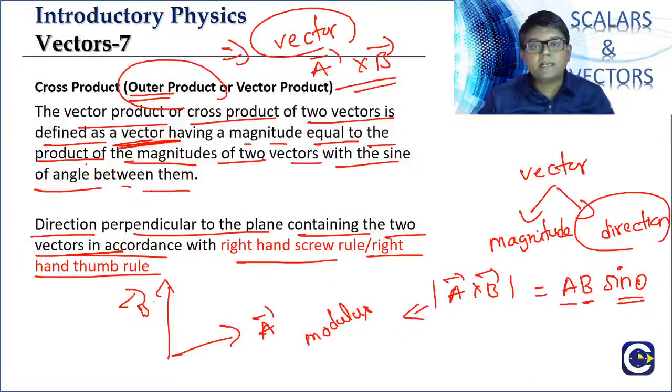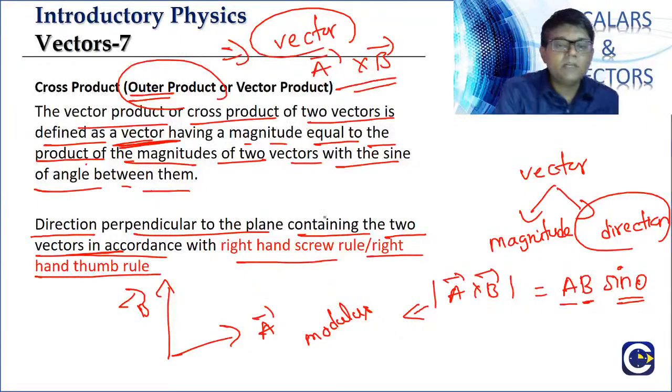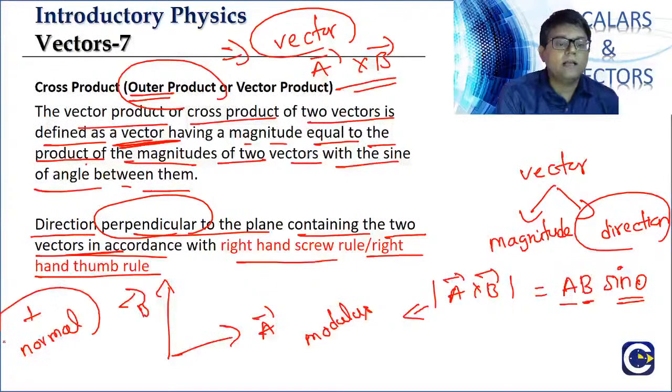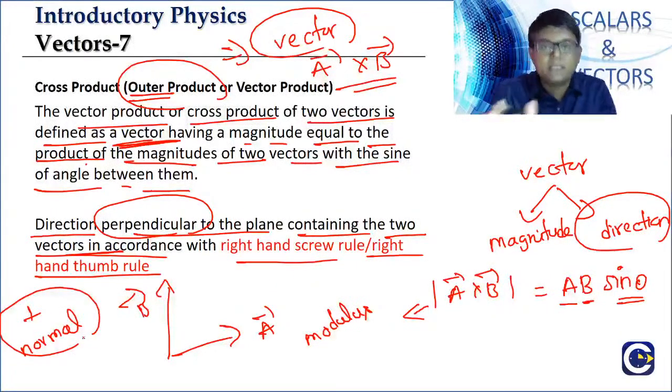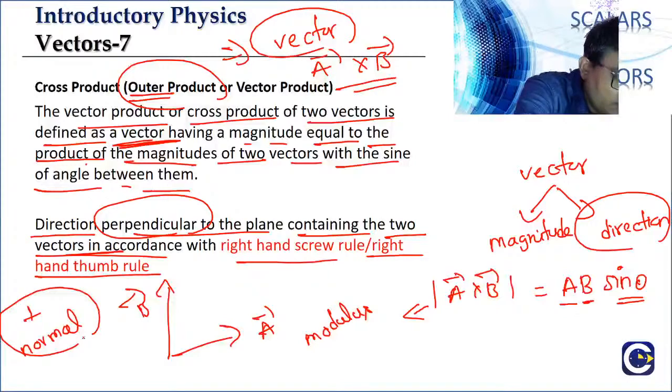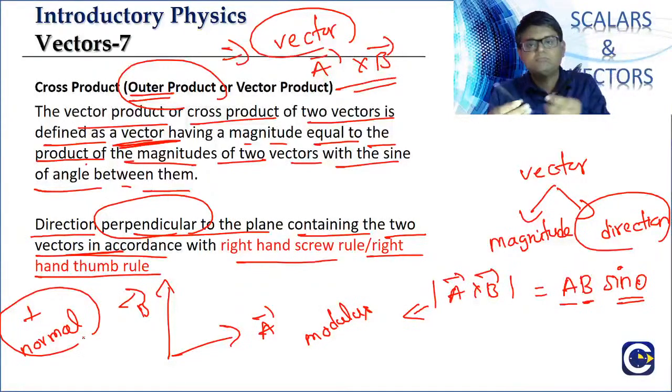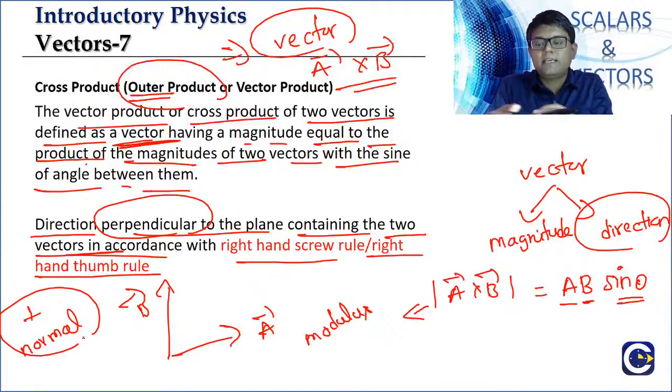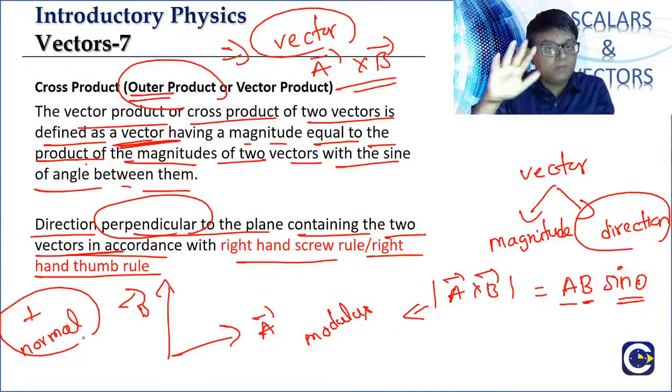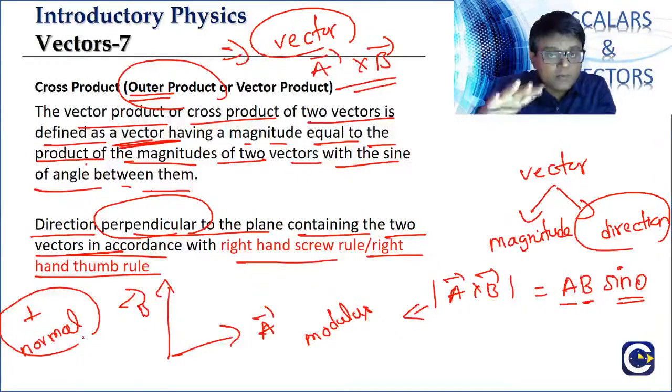A cross B direction will be perpendicular or normal to the plane that contains the A bar and B bar vectors. For example, let us say this is A bar vector and this is B bar. Now you can think about the plane right here. There is a plane. A cross B will be normal to the plane, or perpendicular to the plane.